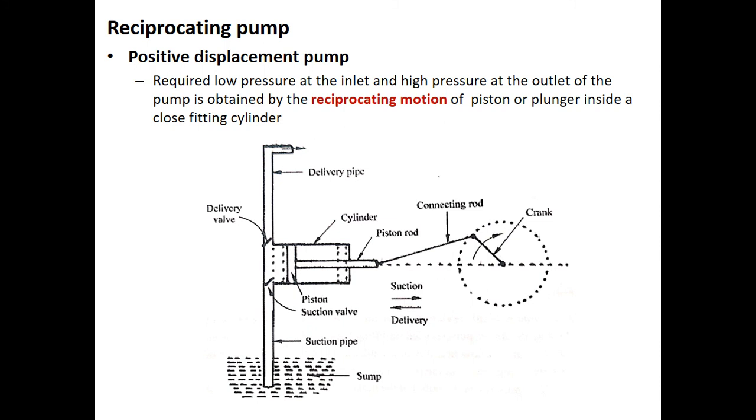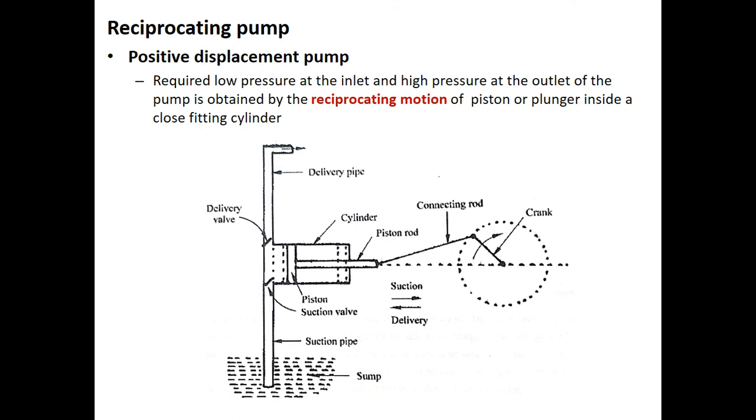When the piston moves towards right, it creates vacuum inside the cylinder, and the atmospheric pressure forces the liquid from the sump up through the suction pipe into the cylinder. And on the backward movement, during the movement of the piston towards the left, the liquid in the cylinder is pushed into the delivery pipe.